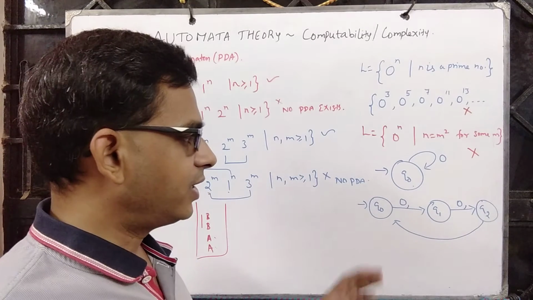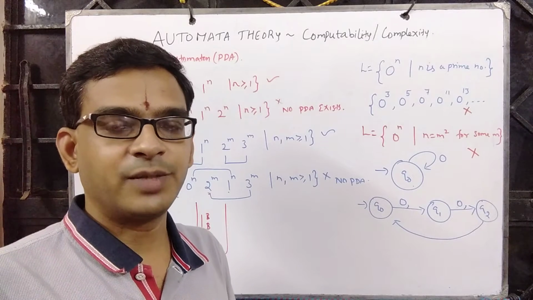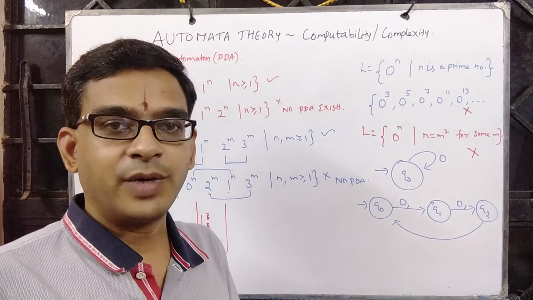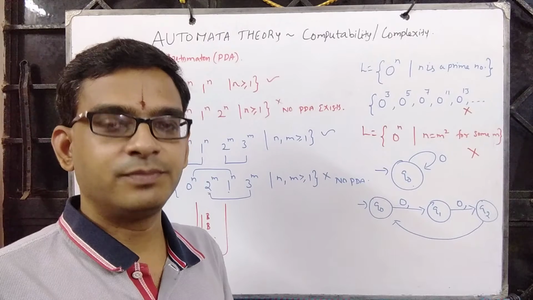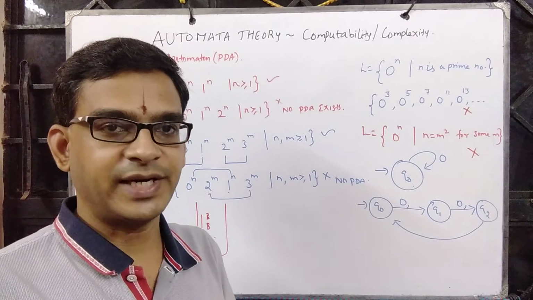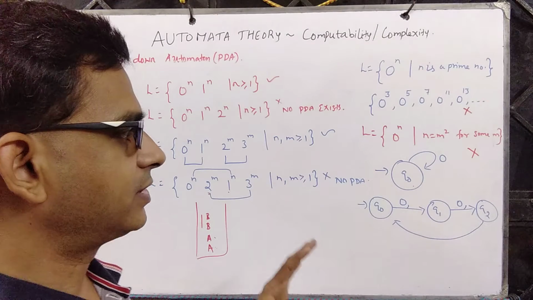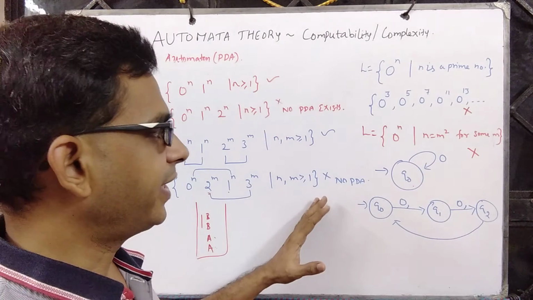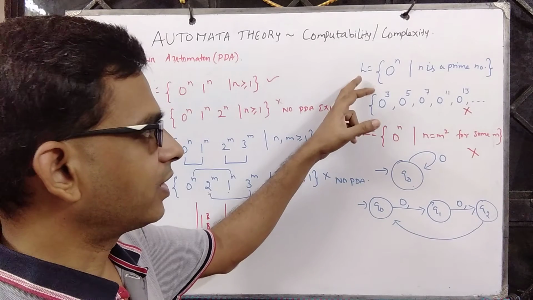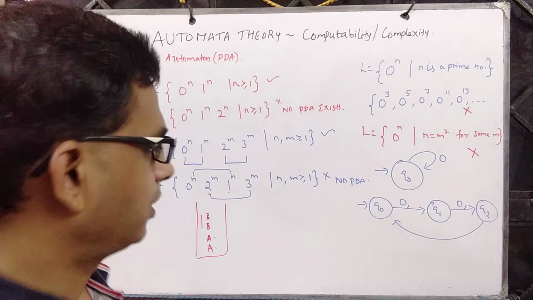On one side, there is a stack, with which you can only do minimal computation. And one cannot write on the tape, and one cannot move left; one can always move exactly one cell right. So all this limits the PDA from accepting languages like this or this or this.